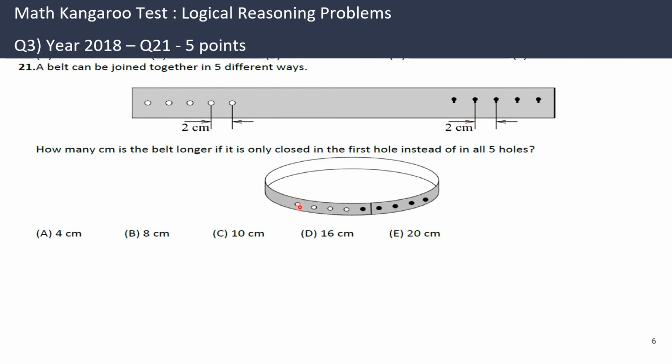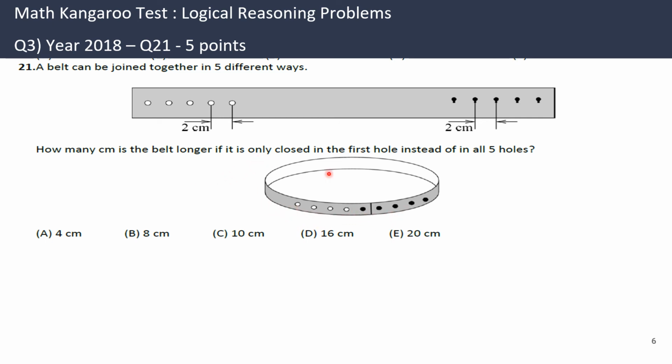Here they have shown how the belt was secured. So when the hook was put in the first hole, how much longer did the belt go? If the hook was put in the last hole, that's the 5th hole, how much longer would the belt be? That would have been a different kind of question.